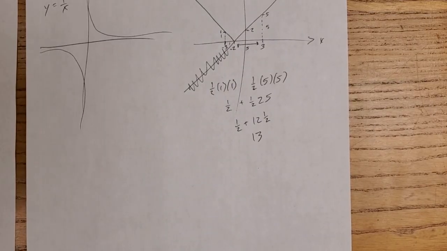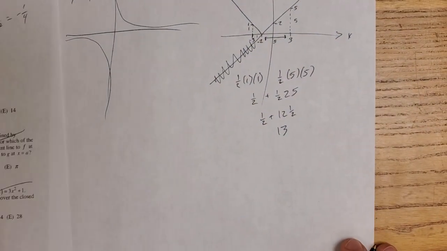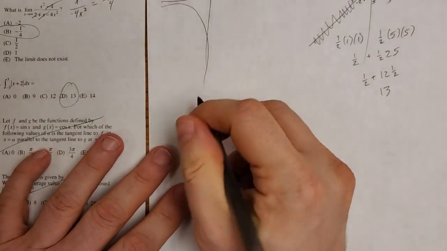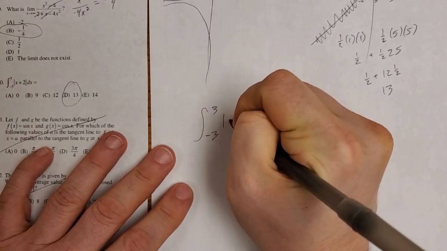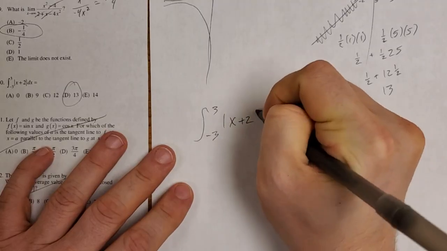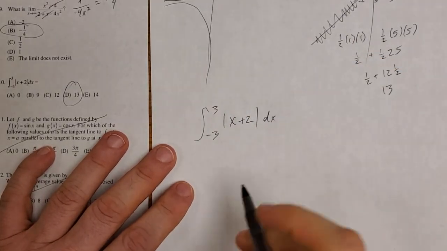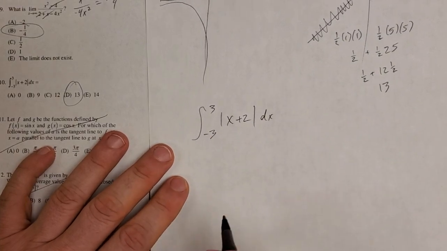Now, the other way to do this, if you're not going to draw it out, if you're not going to visualize it, I'm going to just do it the old calculus way. We have the definite integral, but I don't think there's a good way to handle the absolute value there.